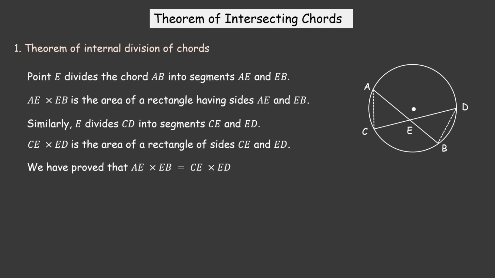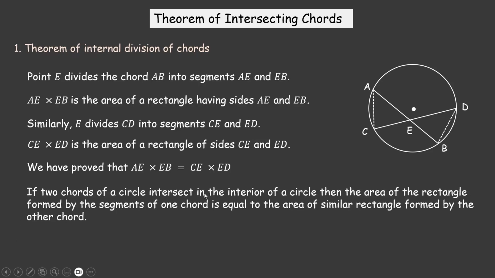And we have already proved that AE into EB is equal to CE into ED. So the theorem of internal division of chords can also be stated like this. If two chords of a circle intersect in the interior of the circle, then the area of the rectangle formed by the segments of one chord is equal to the area of the similar rectangle formed by the other chord.